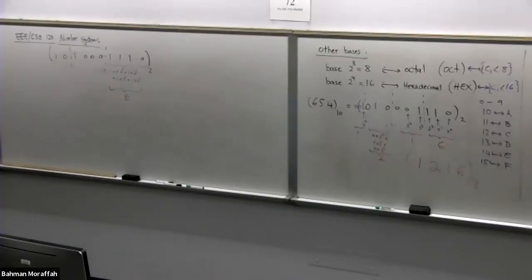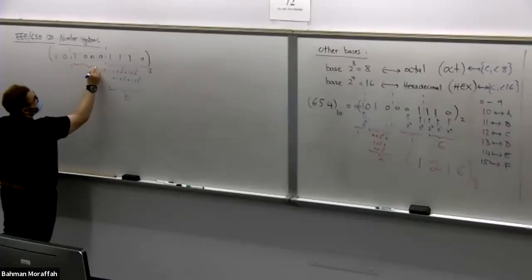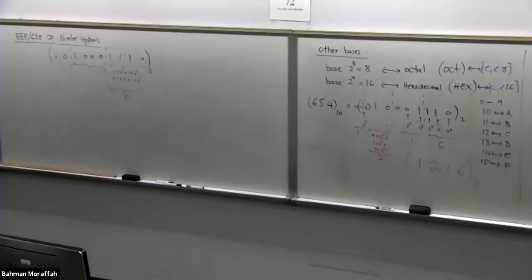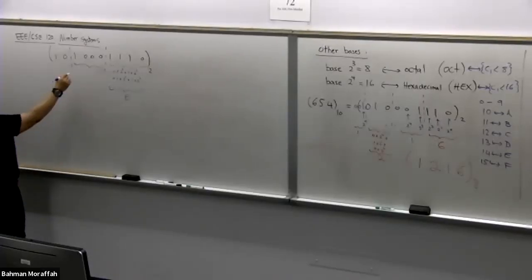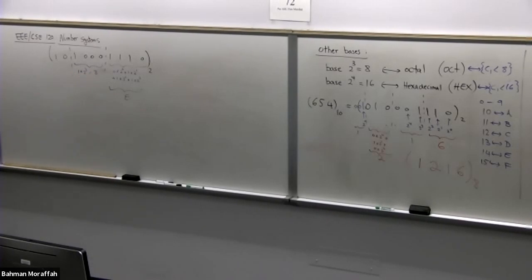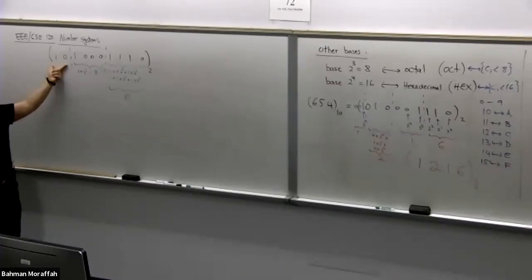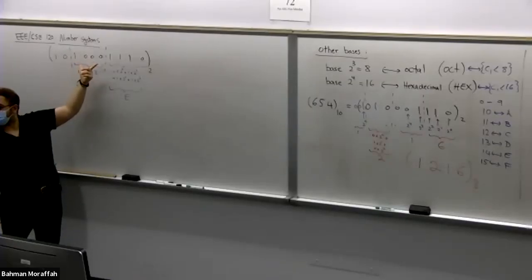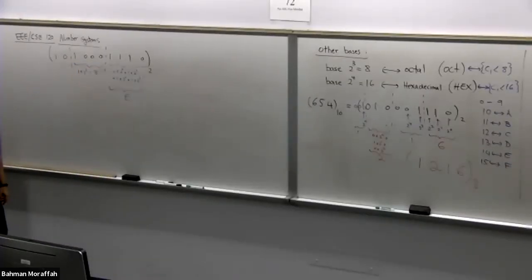How about this number here? It's very simple, right? That's 1 times 2 to the 3. That's 8. The rest of the coefficients are 0. How about this? Again, I have 2 digits here. It doesn't look like a 4-digit number, but I can fix it very quickly.